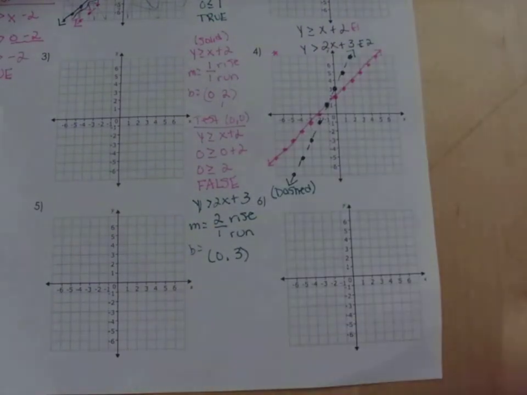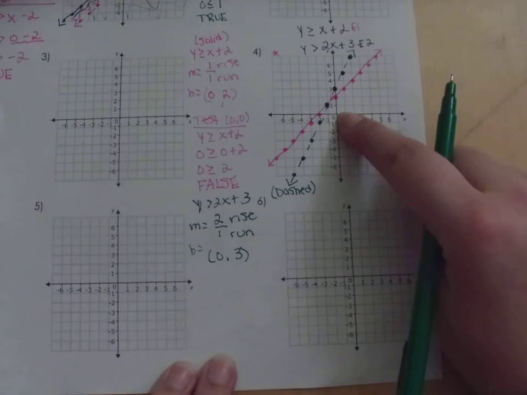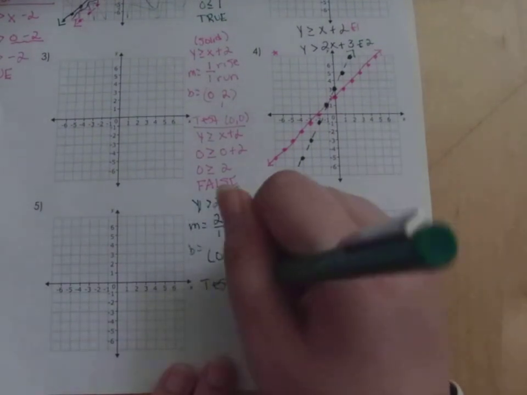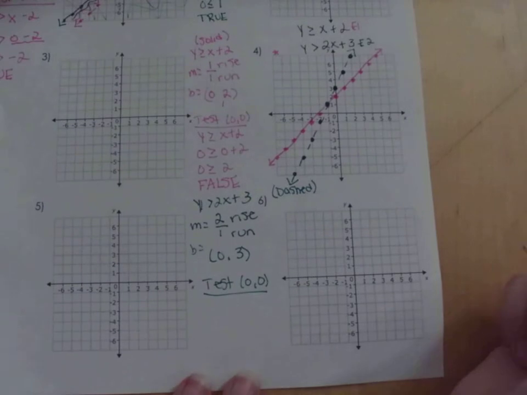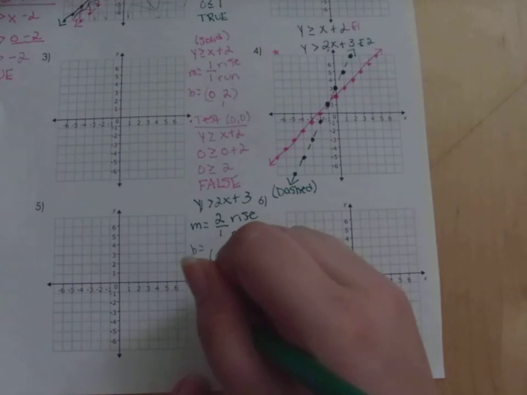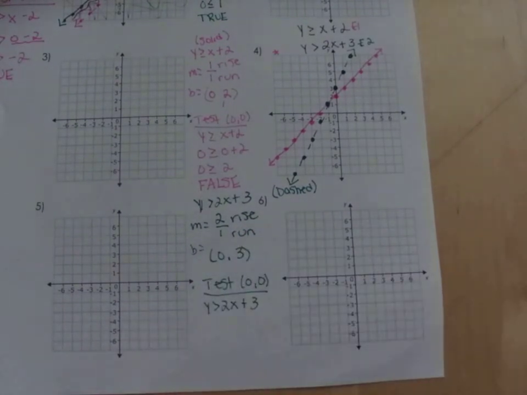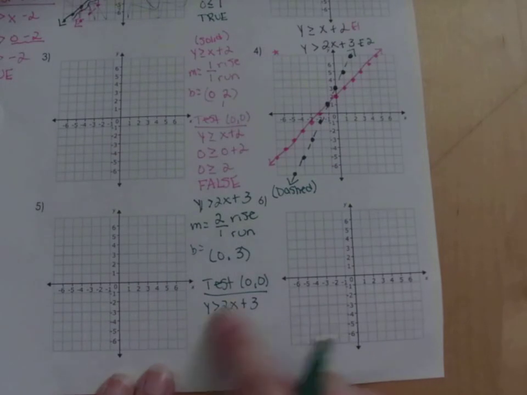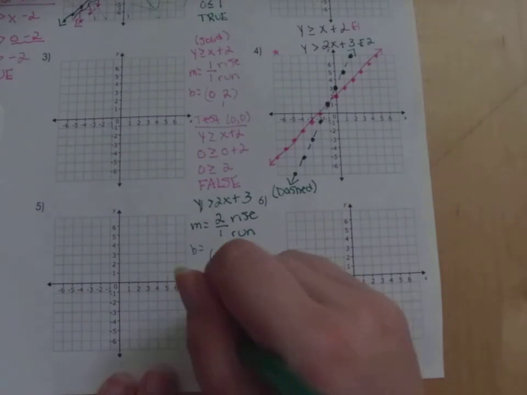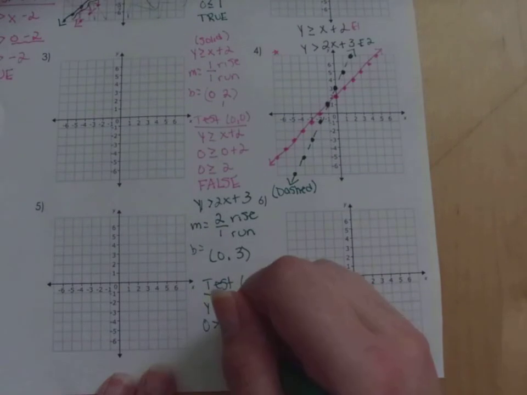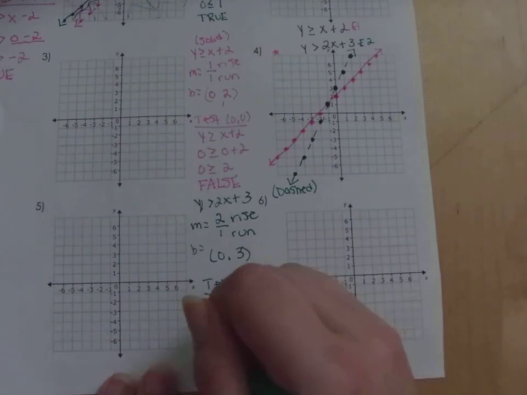So now let's do our test. Again, 0, 0 doesn't fall on here, so we know that we can use that. So we're going to take y is greater than 2x plus 3, and we're going to substitute in. Be careful here. Y is going to be 0, is greater than 2 and x are being multiplied here, so be careful when you substitute that 0, and it's got to be 2 times 0.